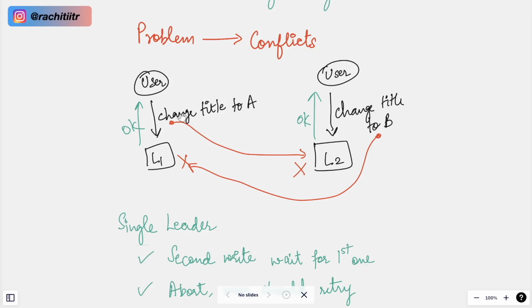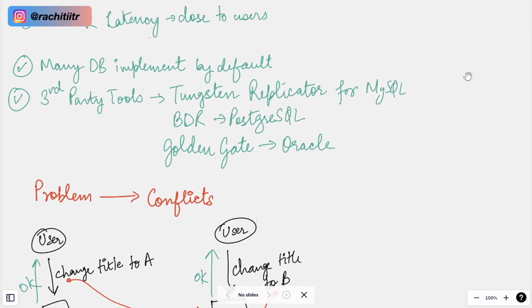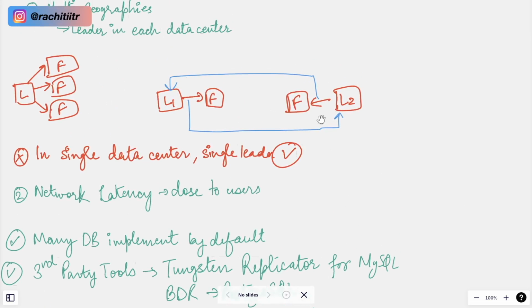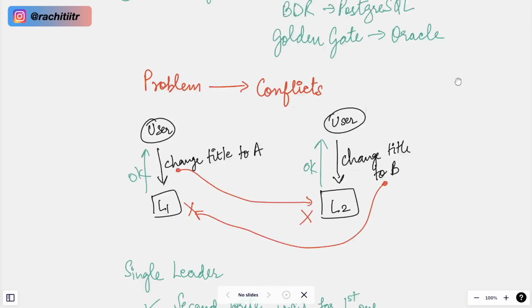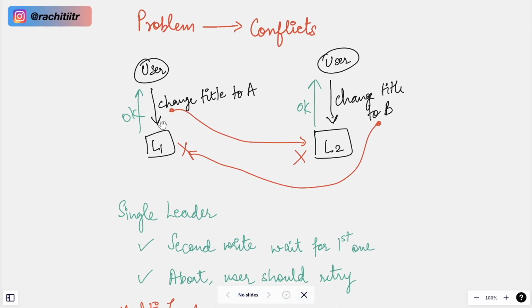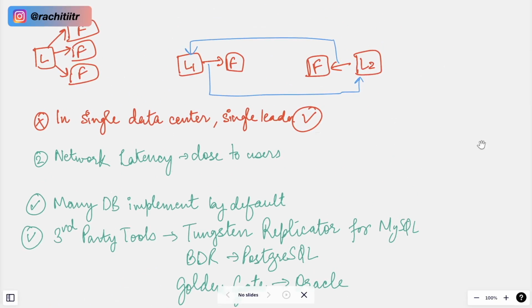But when it's time to perform the blue arrows, the cross data center replication, this is when you realize that there is a conflict. When this replication goes to L2, where the user requested the change of title to A, it will be rejected, because the title now is B. Similarly, when the replication is sent from L2 to L1, it will be rejected. So the blue arrows I have shown above are the place where you are actually detecting the conflicts.